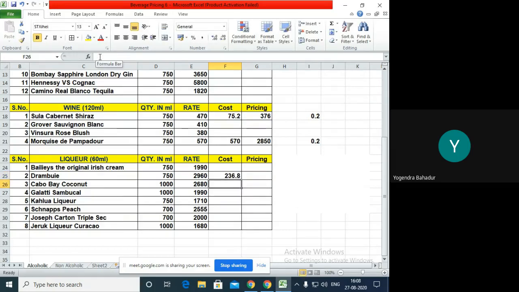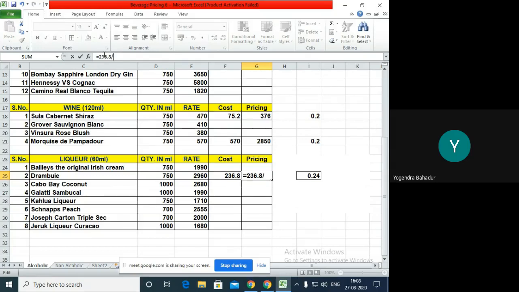So it is 236.8. And here, if I keep the beverage cost percentage equal to 24%, then in terms of a decimal it will become 24 divided by 100, so obviously 0.24. As far as its price is concerned, it will be equal to 236.8 divided by the decimal part of the beverage percentage, since we are using the ideal beverage cost method.